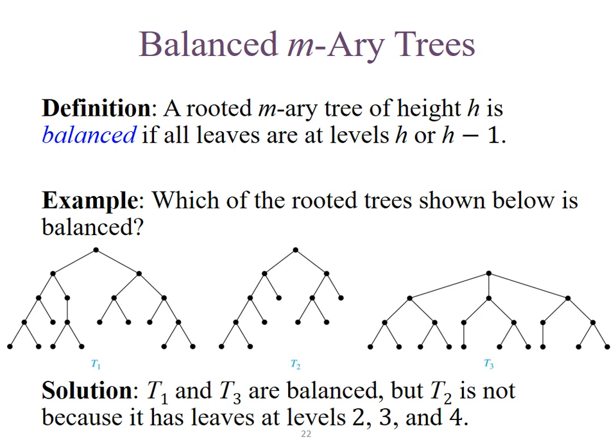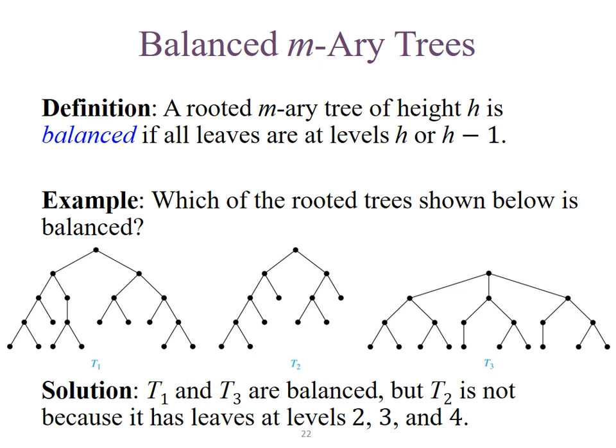Okay, so balanced means that, looking at the left tree and right tree, we have a very similar amount of vertices at the same level. So it looks balanced. If all leaves are at level h or h minus 1, then we consider this a balanced tree.